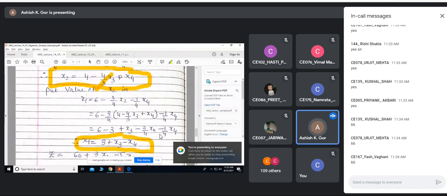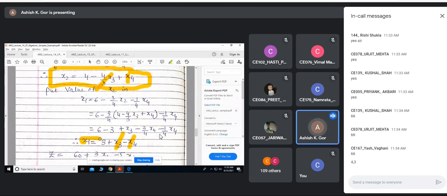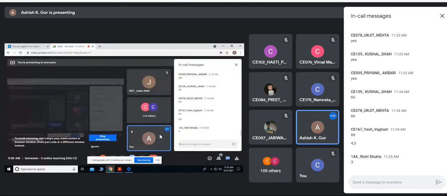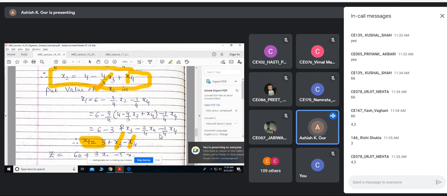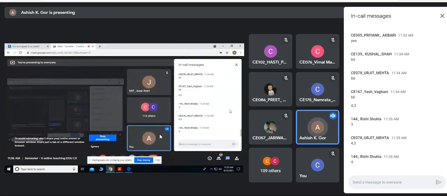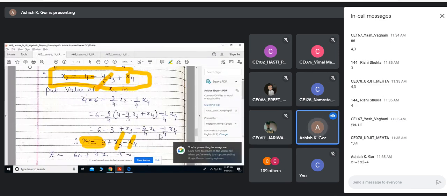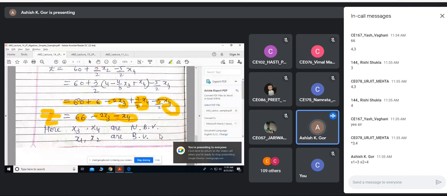Setting x3 and x4 to 0 in the constraints, x1 equal to 3 and x2 equal to 4. So x1 equal to 3, x2 equal to 4.